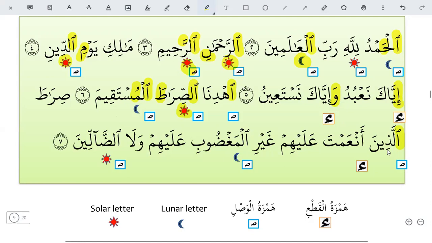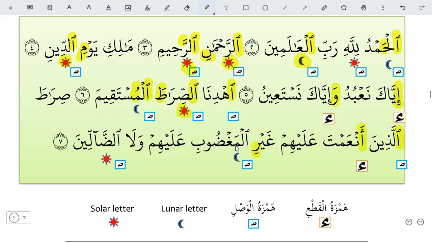Siratal ladhina an'amta alayhim. This alif, Hamzatul Qat'. There is a sign of Hamza on the letter. An'amta alayhim. Ghayril. This is a solar letter, so this ra we will pronounce with this lam.